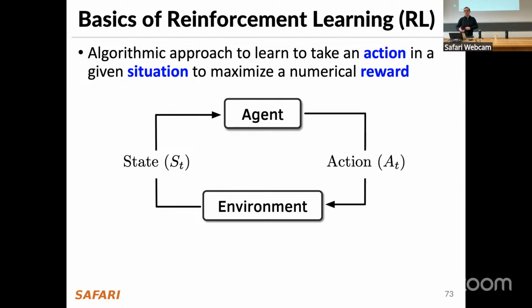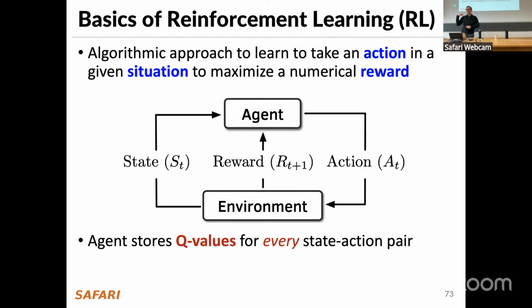It learns that in this state, if you take this action, that's going to lead to a positive reward, which means improved performance, for example, right? And if you keep learning the relationship between state-action pairs and expected rewards, you can find what action to take in a given state to maximize your reward. That's the idea, basically. And there are a lot of reinforcement learning mechanisms to do this.